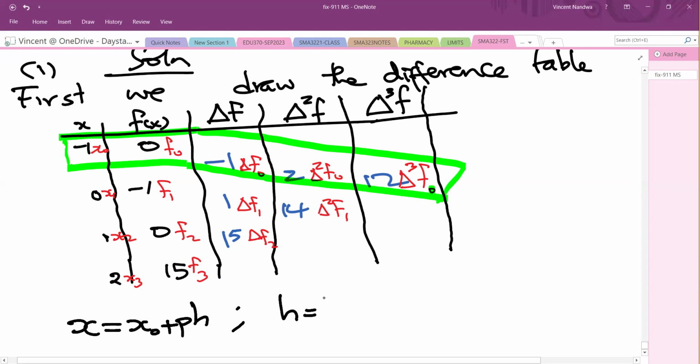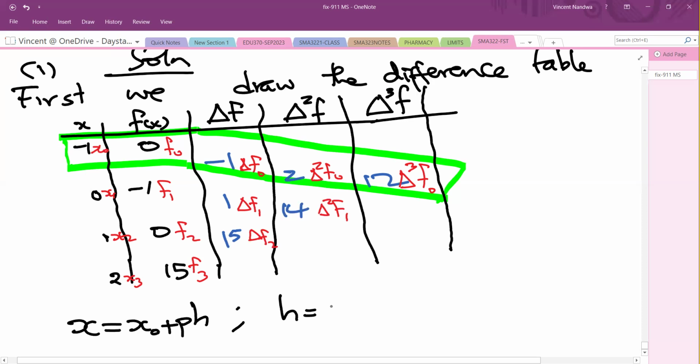What is the space between two consecutive x values? What is the mesh spacing in this problem? For spacing, we just take the positive quantity.